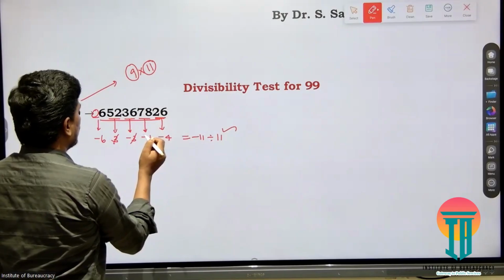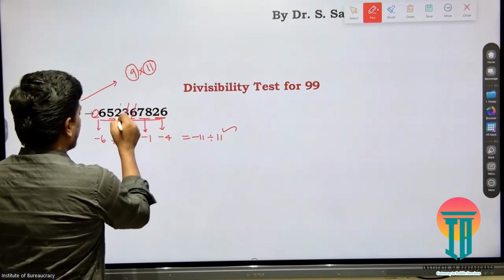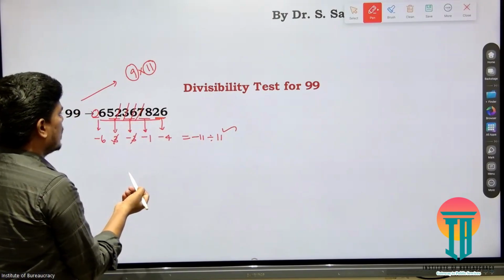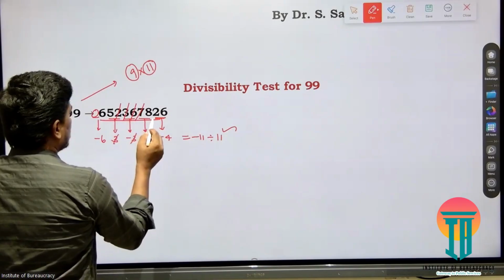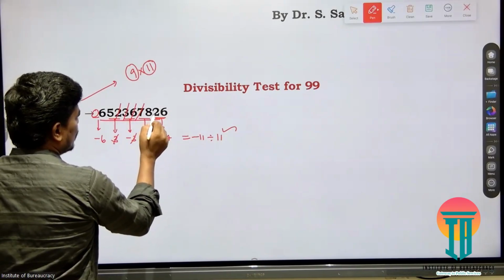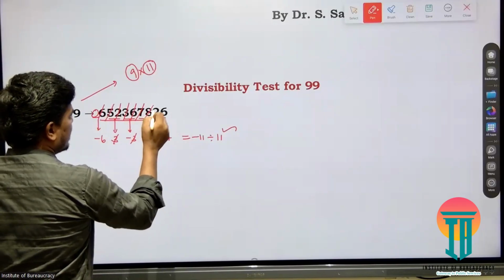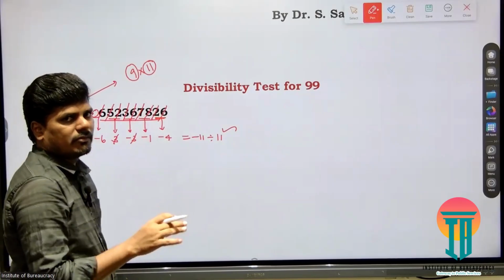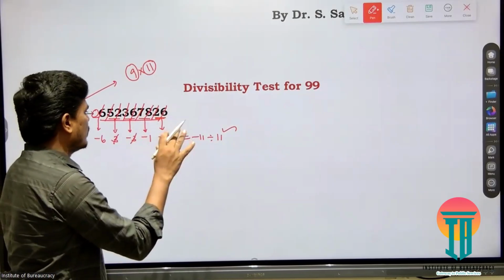Whether it is divisible by 9, that we can check. So we can remove 9s. So 3, 6, 9, 7 to 9, and then 8 plus 2, 10, 16, 22, 27. 27 is divisible by 9. So we can just combine digits to make 9 and then remove them.